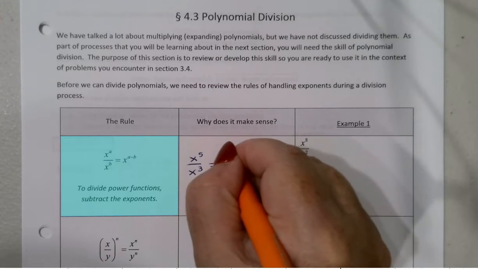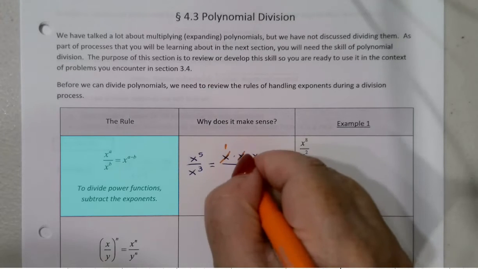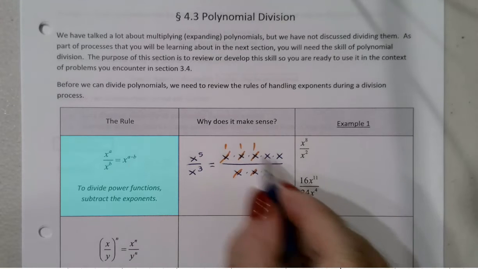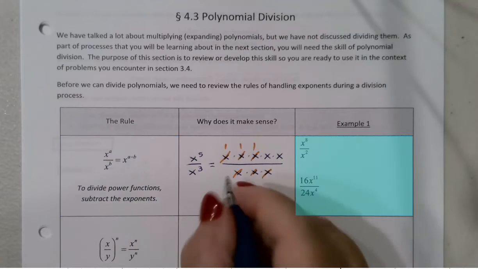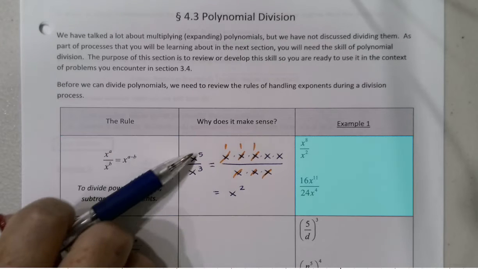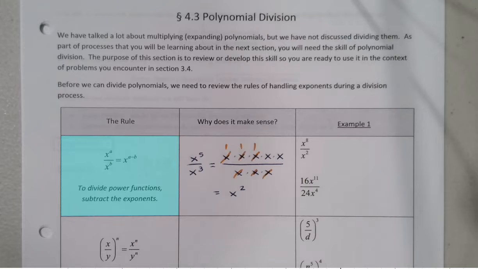X divided by x is 1, x divided by x is 1, and x divided by x is 1. So we just end up with 1 times x, or x squared. And you can see that that subtraction of the exponents definitely works out.